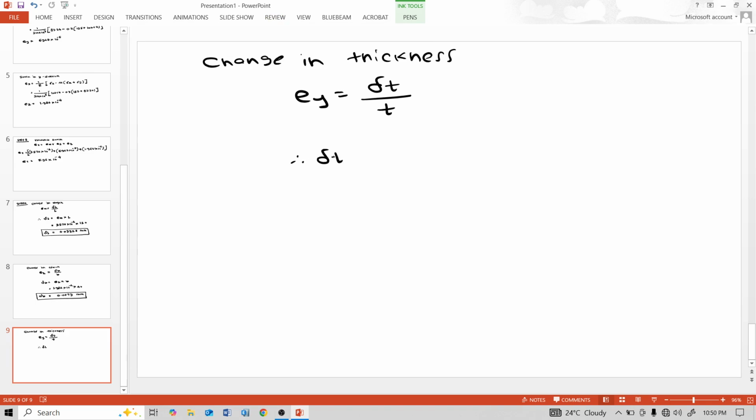Therefore, change in thickness is equal to strain in y direction multiplied by original thickness.